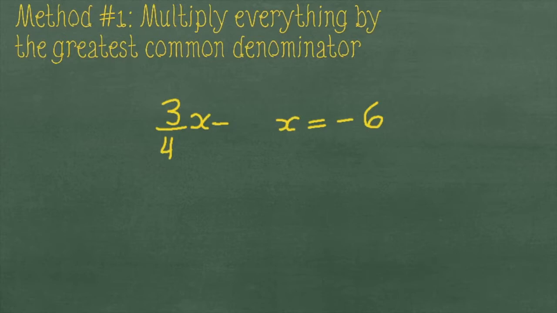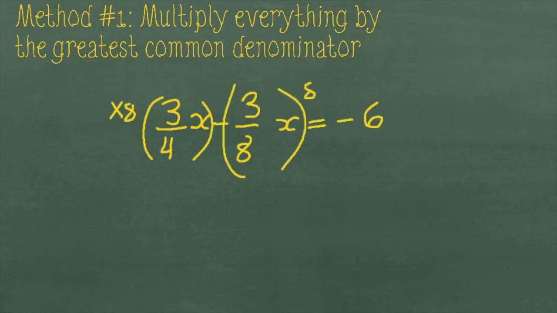My apologies on that one. Now if we look here, we have a 4 and an 8, and I'm sure we can agree that the greatest common denominator between 4 and 8 is 8. So we are going to multiply everything by 8: this by 8, this by 8, and this by 8.